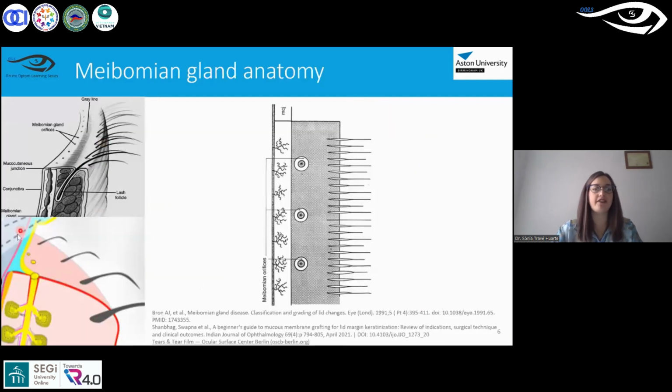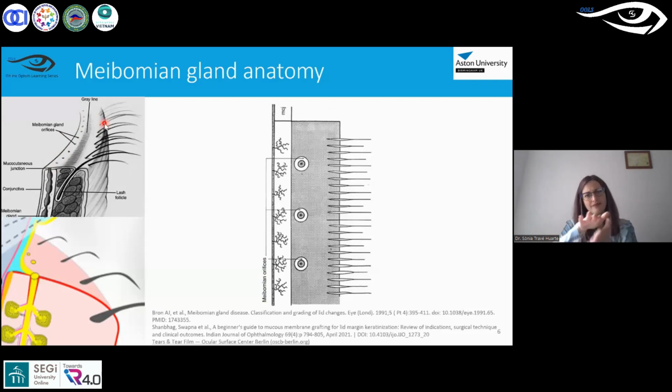Therefore, we have here an explanation of how a lid looks. Looking at this figure on the left, we can see that the black drawing is a Meibomian gland, and the dots all along the lid are the openings. Behind that, we have the mucocutaneous junction, which separates the skin tissue, the keratinized, cornified tissue, from the mucosal tissue inside.